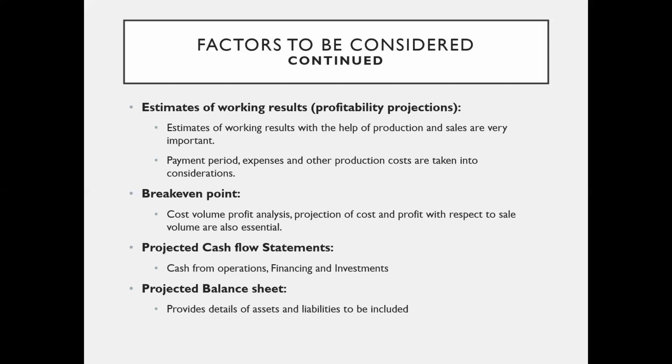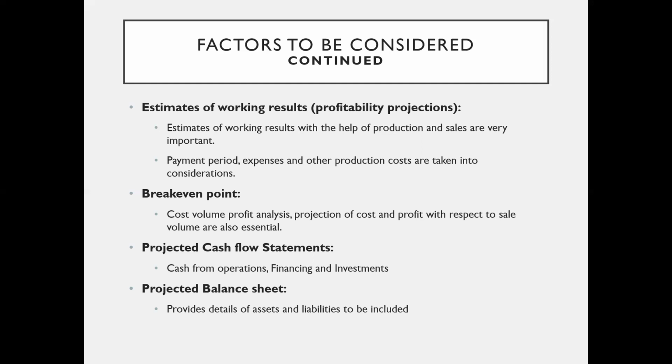Next, projected balance sheet. It provides details of the assets and liabilities to be included. We'll get to know what are the assets, what are the liabilities, what are the long-term assets, what are the current assets, what are the long-term liabilities, and what are the current liabilities, whether we are making some profit or not, are we performing well or not, do we have the liquidity option, and if we are going for the close of a business, how will we repay our shareholders, and how will we manage to liquidate our organization.